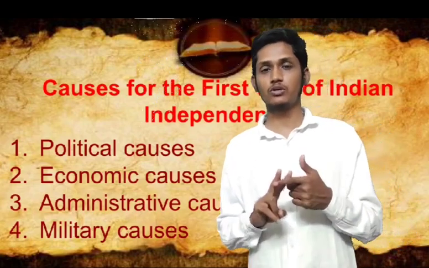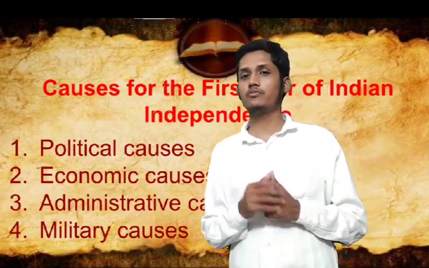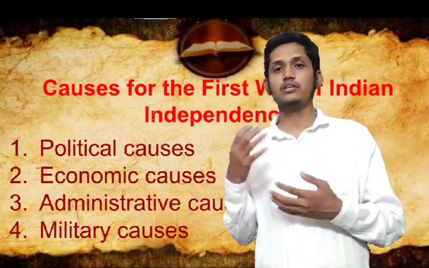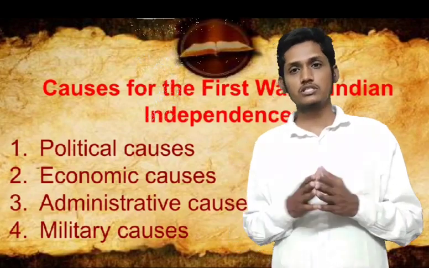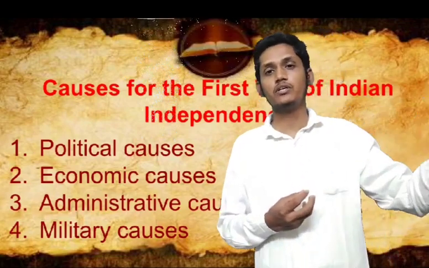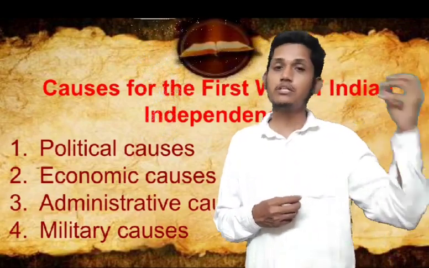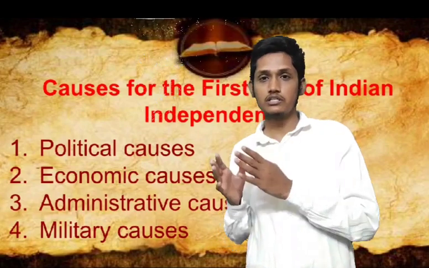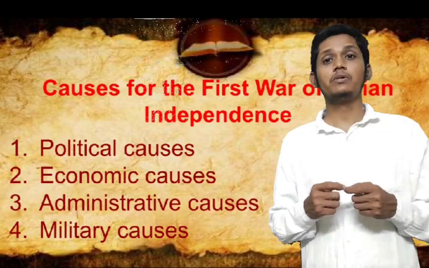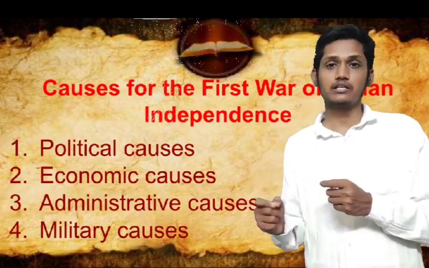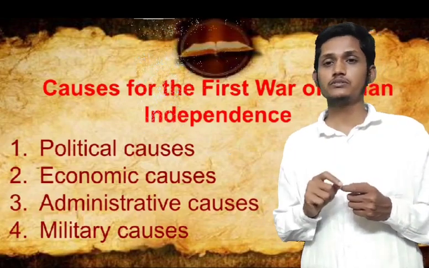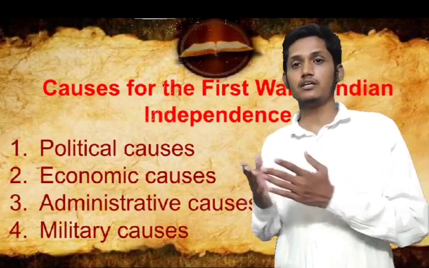The next comes economic causes. If you revise the history, in England in the 18th century, 17th century, what happened? Industrialization started. Due to industries, the British would take raw materials from India and export them to England, and from there bring finished products and sell them in India. In India, we could make products by hand, but to sell those in the market, the British applied tax on handmade products, and they couldn't sell due to high taxes.